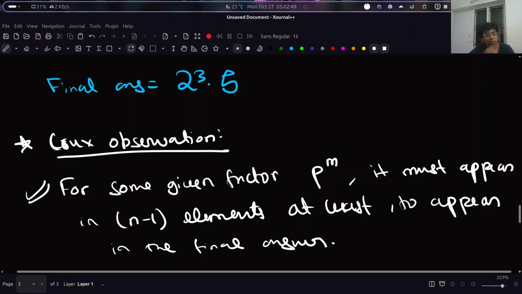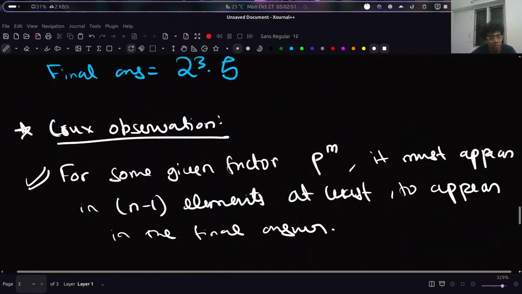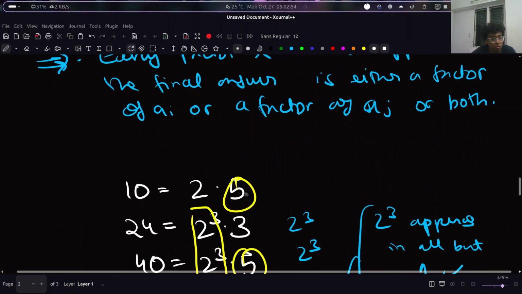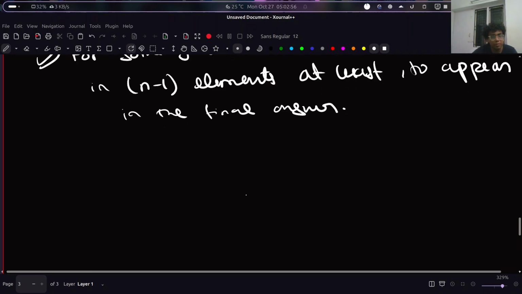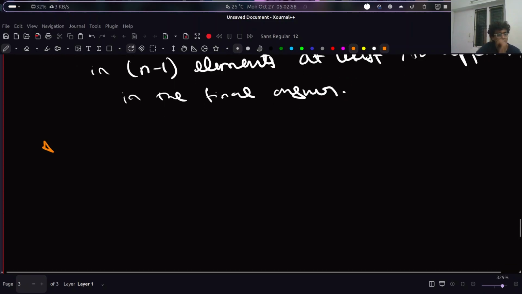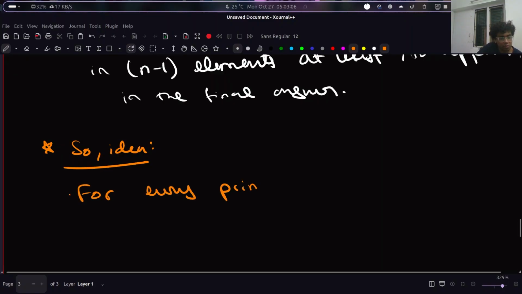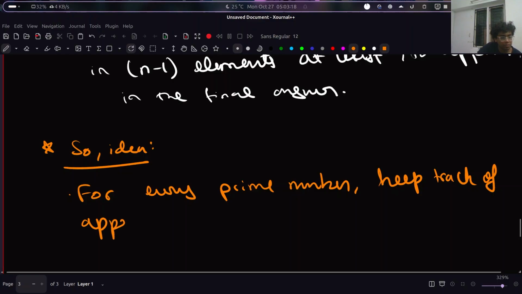So now we're going to think of how to solve this. Our idea will be, for every prime number, we keep track of how many times or what power it has appeared in each number.